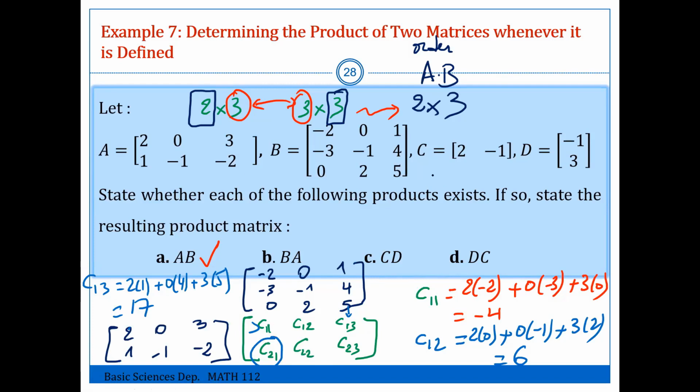How to compute C21? Second row, and we go back to the first column. So we'll have 1, -2, -1, -3, -2 times 0. And we get 1, and so on. So this is the idea.